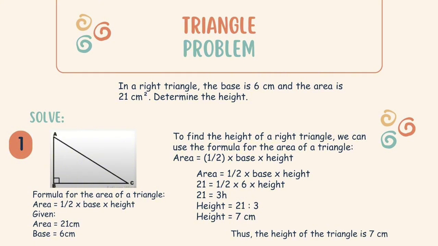The area is 21, equal to 1 over 2 times 6 times height. 21 equals 3 height. So the height equals 21 over 3, where 21 over 3 is 7. So the height of the triangle is 7 centimeters.